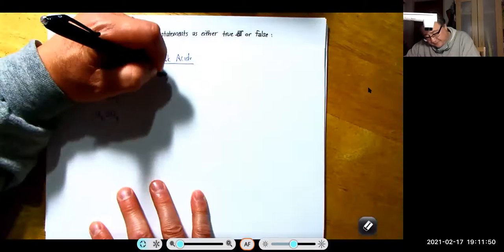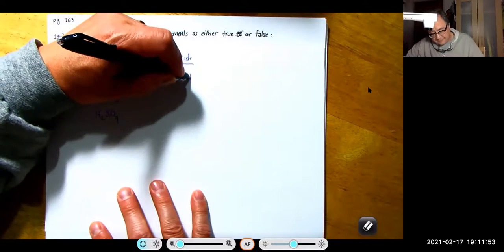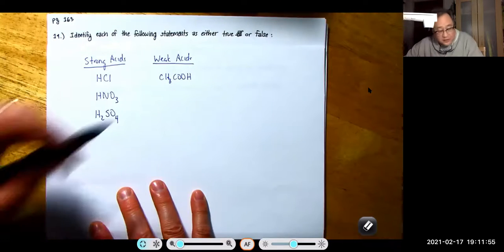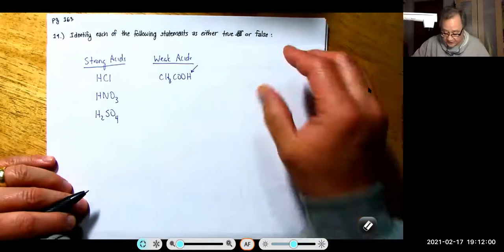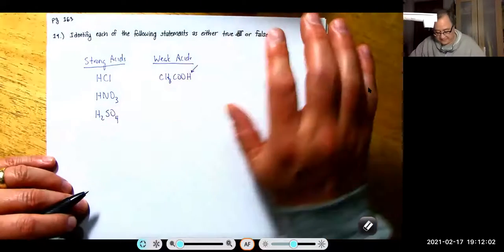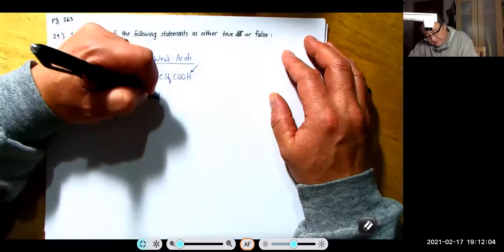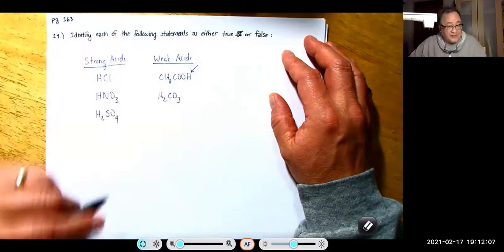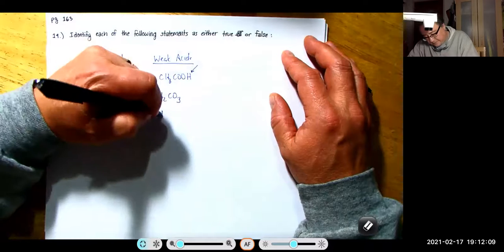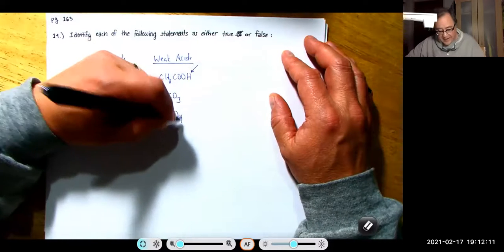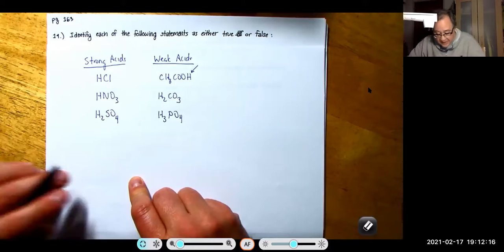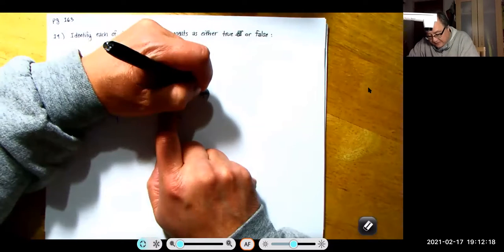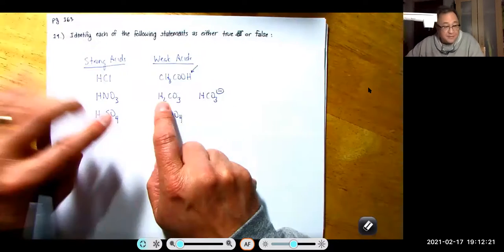The following are weak acids. The interesting thing about this one is that's the only hydrogen that can make an H plus in solution. These three cannot. That's a weak acid. That's a weak acid. Plus there are more. For instance, this guy, if it gives up one hydrogen, it makes that.